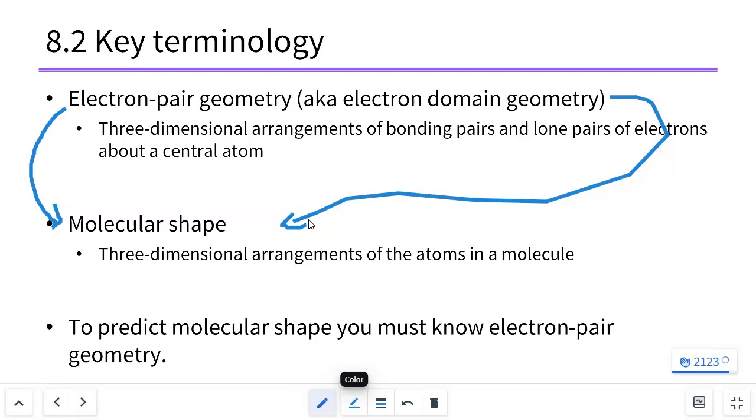So let's focus on the geometry of what we can see: the bonds, the atoms. Molecular shape takes that overall domain geometry and simplifies it to just what is in the molecule from an atomic standpoint. But molecular shape is not a standalone idea. You can't just determine the molecular shape by looking at the Lewis structure. You have to know the domain shape first.